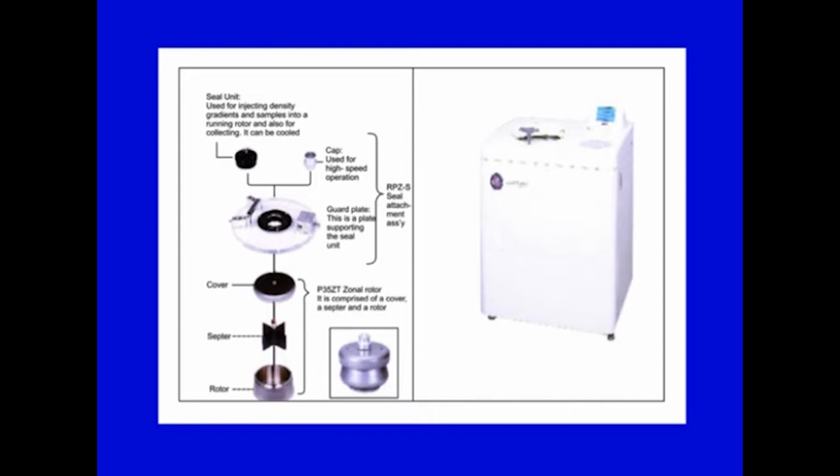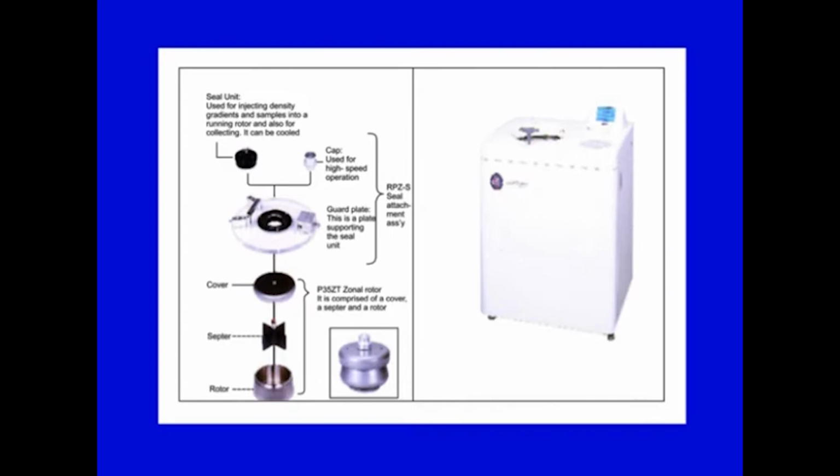In zonal centrifugation, density gradients are produced within the zonal rotor running at low speed. Next, the sample to be separated is injected through the center, as we will see in detail. Then the zonal rotor is run at high speed, and the separation takes place.